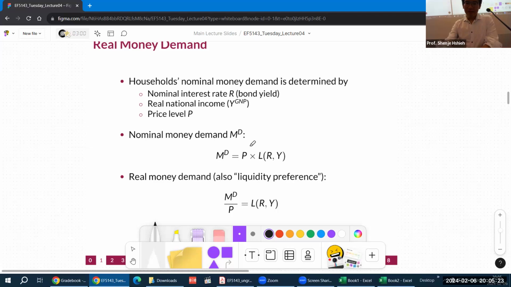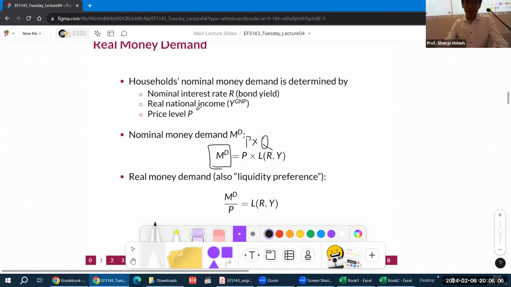So you can think of P as the average price and L, as you saw before, as our functional form of the average quantity, or number of baskets, that we want to consume in the overall economy. So maybe from your microeconomic study, you learned that P times Q equals total expenditure. Same idea here. Price times quantity should give us total money demand required to buy, to invest in things, whatever. Very simple model, right? Price times quantity equals money demand.